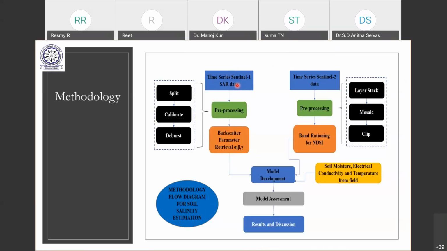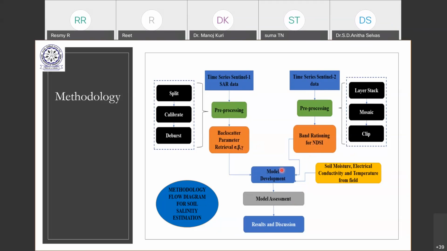So we use Sentinel-1 SAR data and Sentinel-2 data, that is multispectral optical data. The data were pre-processed, and the backscattering parameter from the SAR data was used. Also, the NDSI image, NDSI meaning the normalized difference salinity index, was used to develop a model.